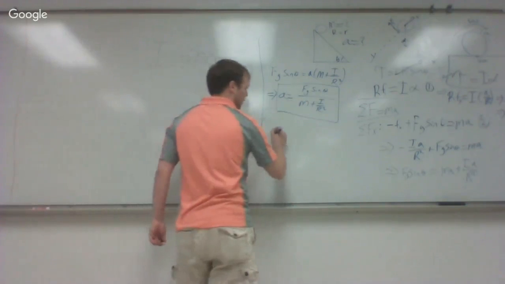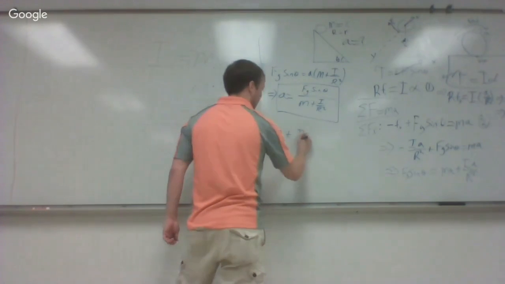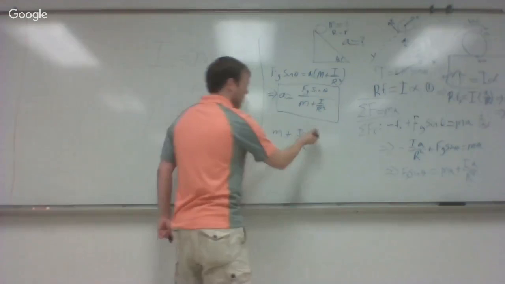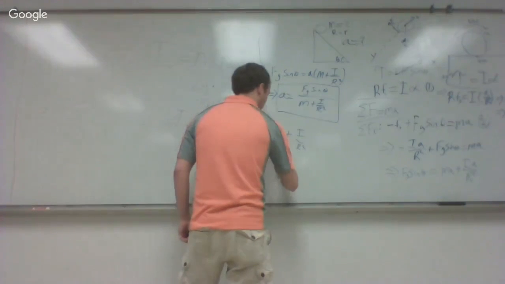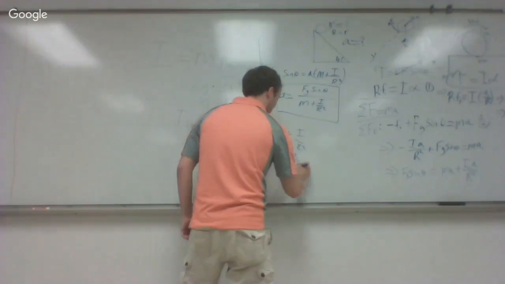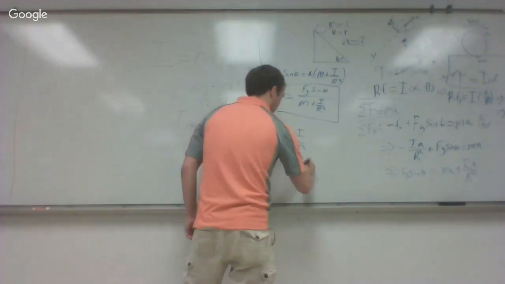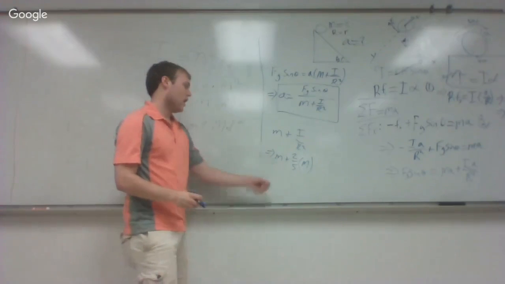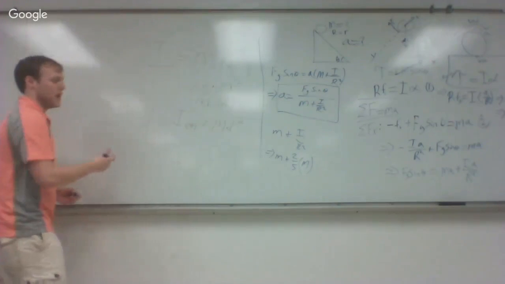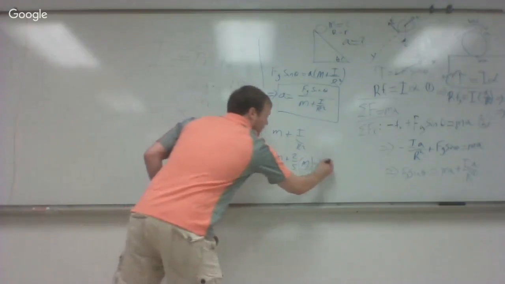So let's just look at the 1 plus I over m r squared. For a solid sphere, I is 2/5 m r squared, right? So this would be 7/5 times the mass.